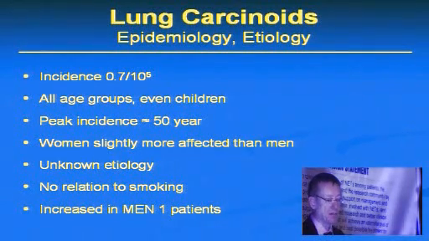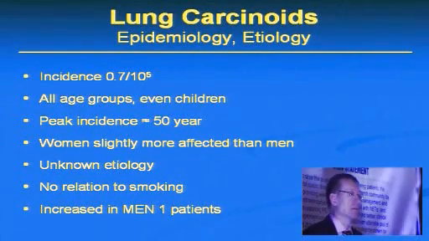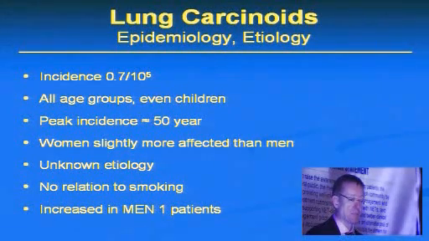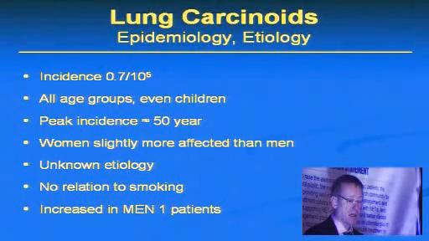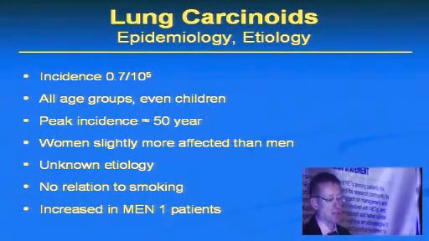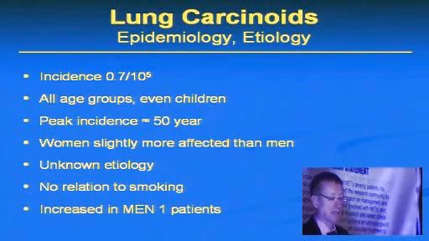The etiology for this disease is unknown. There is so far no proven relation to smoking, but the incidence is increased in patients with multiple endocrine neoplasia type 1. And those patients also can have other foregut tumors such as thymic carcinoids, duodenal carcinoids, and gastric carcinoids.